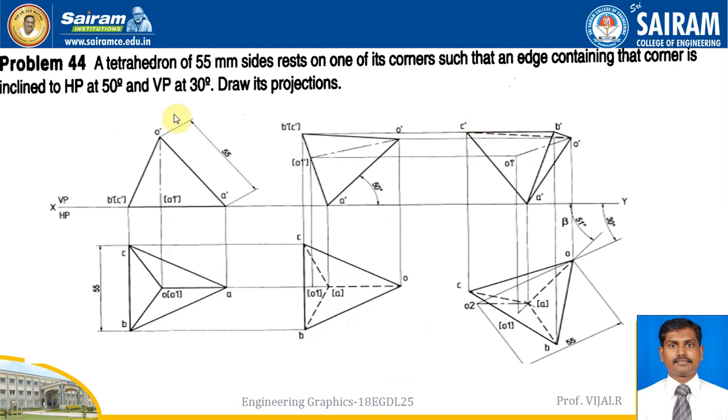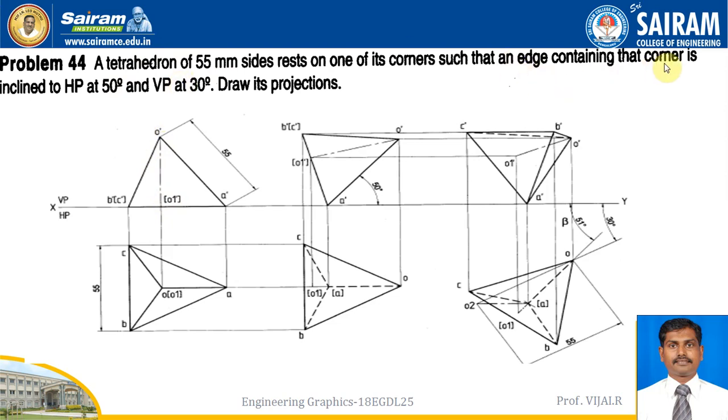Then it is inclined to VP at 30 degree, it's given. So we have to calculate the beta angle. In beta angle, what distance do we have to take? That is the AO distance. Here don't take the axis because the axis is not given here.